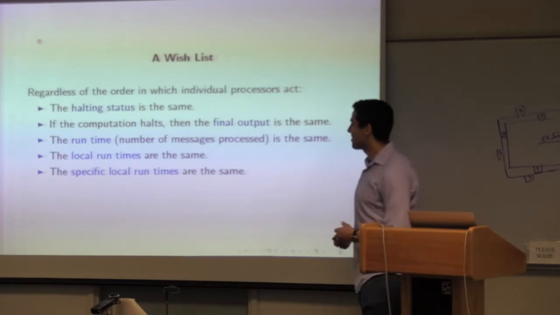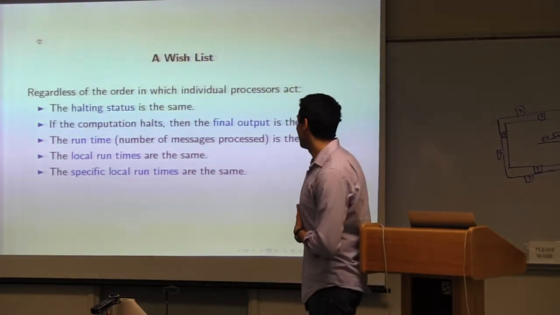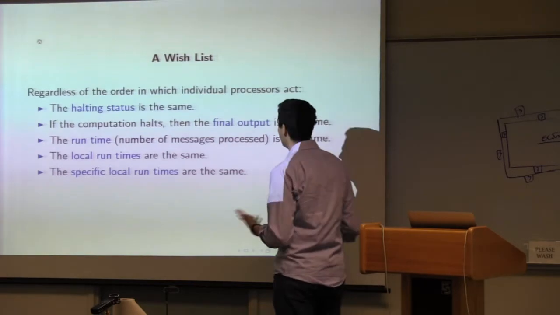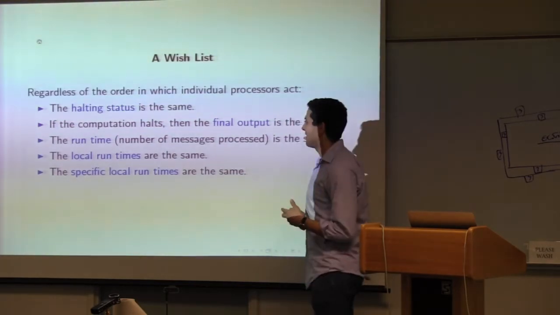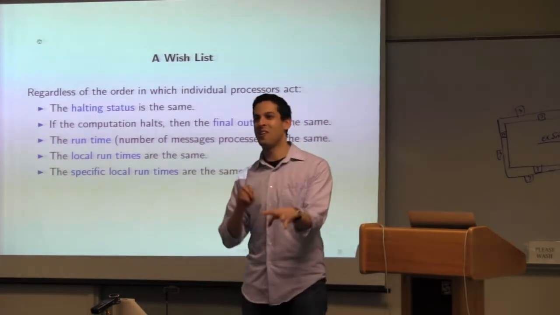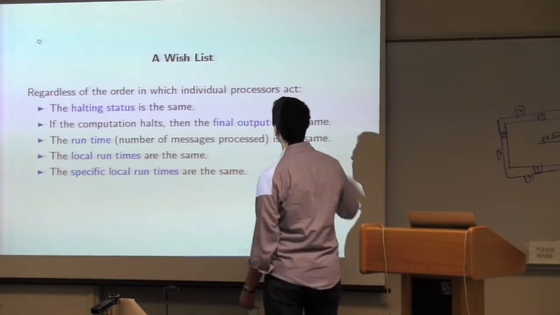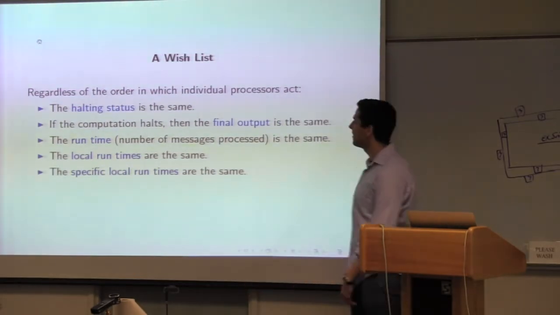And then we can get pickier. We're just making a wish list here, after all. It wouldn't be too good if you could have one particularly fast execution, but if you choose some other execution order, it takes forever to finish. So let's ask the runtime not to depend on the order.